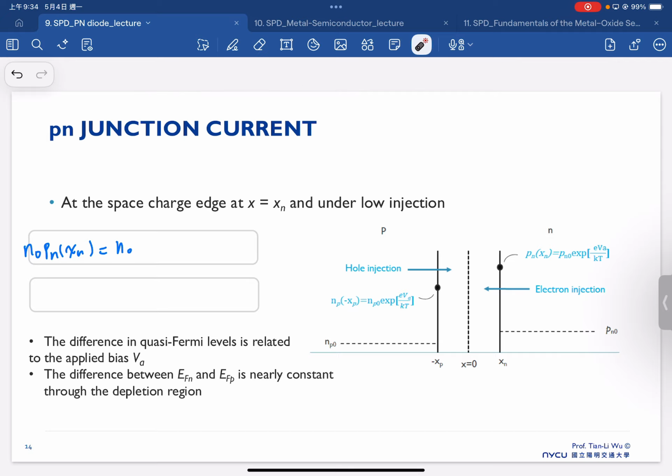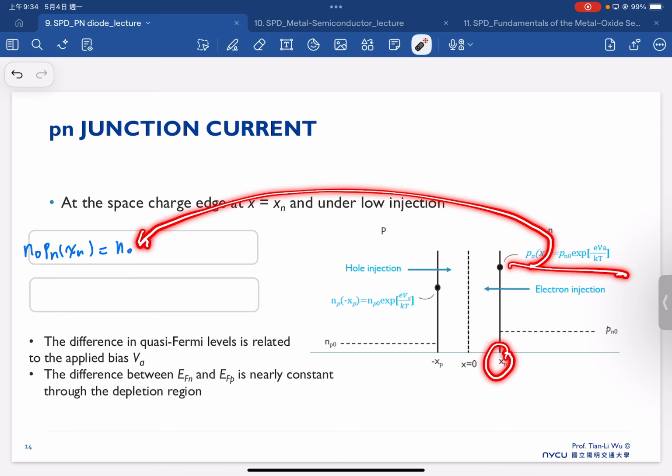Because this is Pn at the x equal to xn location, we can just put this one into here.